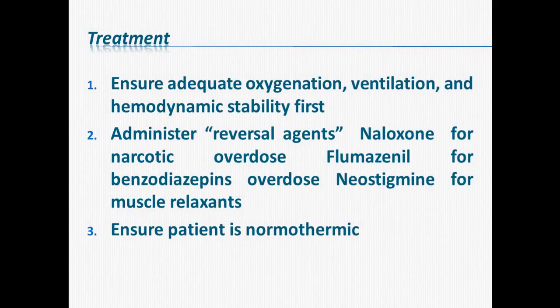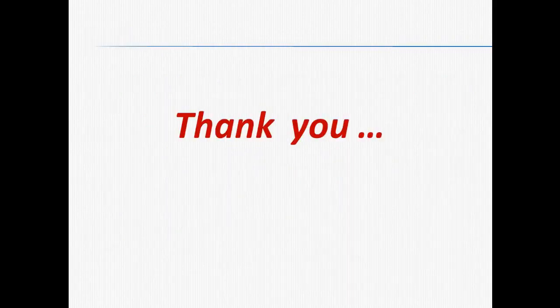Treatment: ensure adequate oxygenation, ventilation, and hemodynamic stability first. Administer reversal agents like naloxone for narcotic overdose, flumazenil for benzodiazepine overdose, and neostigmine for muscle relaxant. Ensure the patient is normothermic.